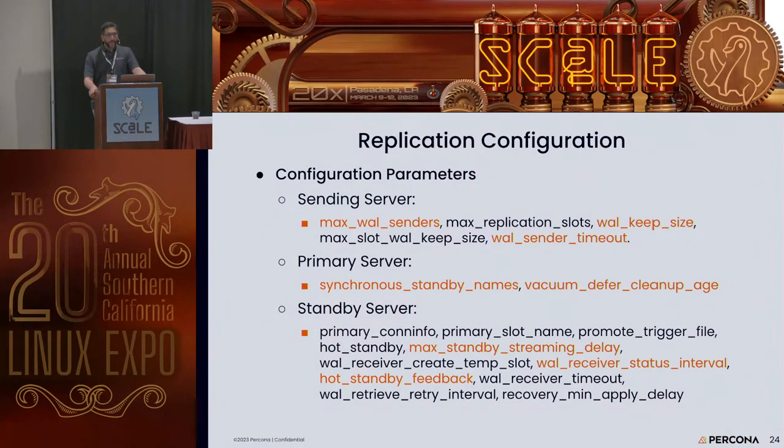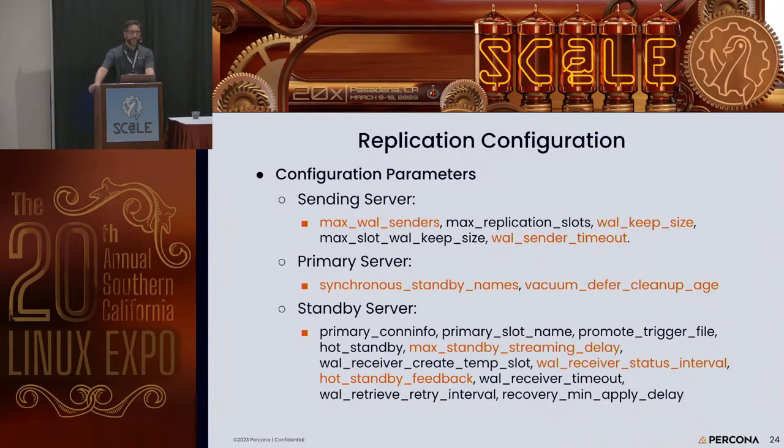On the primary, we have synchronous standby names and vacuum defer cleanup age. Synchronous standbys is a list or configuration of standbys where you can specify either a set of synchronous standby servers, or a priority of those, or just a subset of those through some of the qualifiers that you can put with the name.